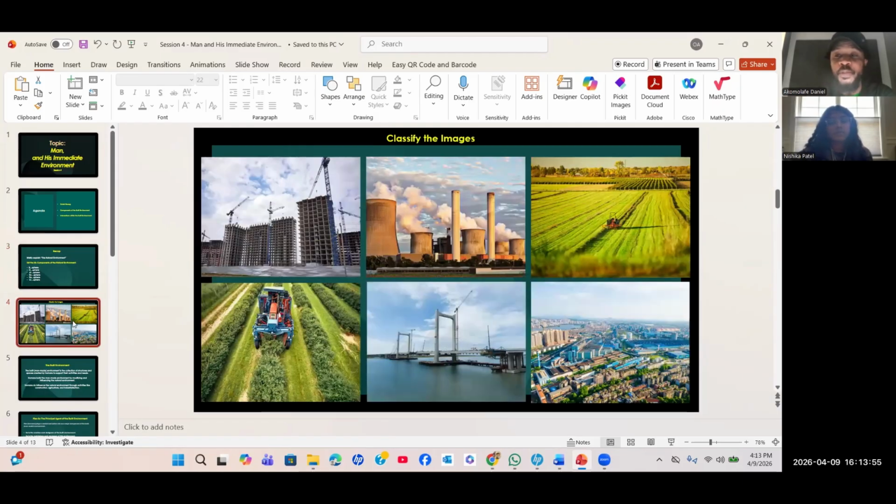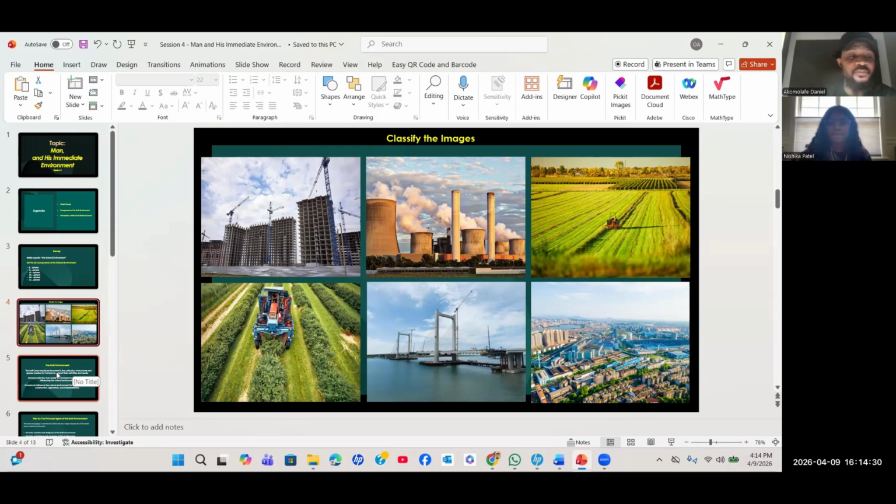So quickly, the pictures you see on the screen. Look through all the pictures and tell me what type of environments each of them represents. All of them are basically man-made because every single one of them shows what man has built on top of nature, and even the third and the fourth one show how humans can make farms on top of nature too.